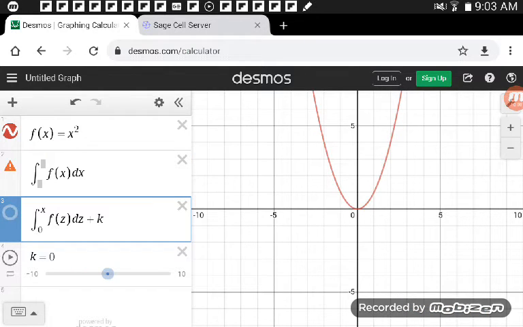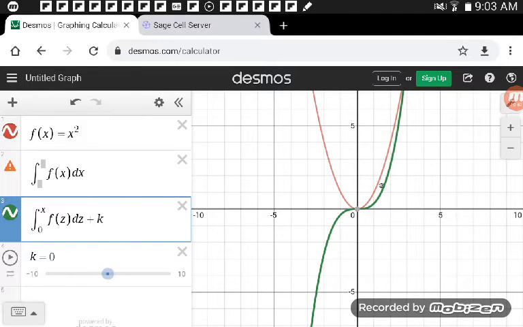Okay. Now, what I can do is give it a lower bound and upper bound and then add my constant in this way. But notice I said 0 to x and then f of z dz, and of course I don't get a formula. I get, there we go, a function.